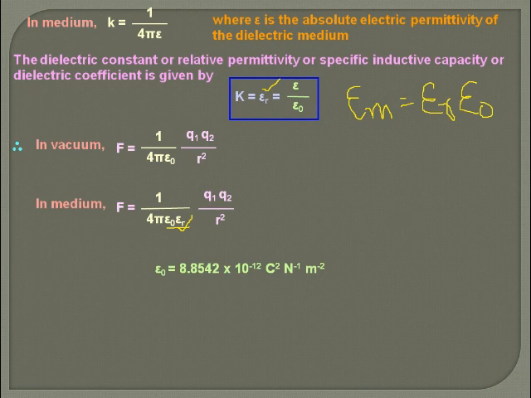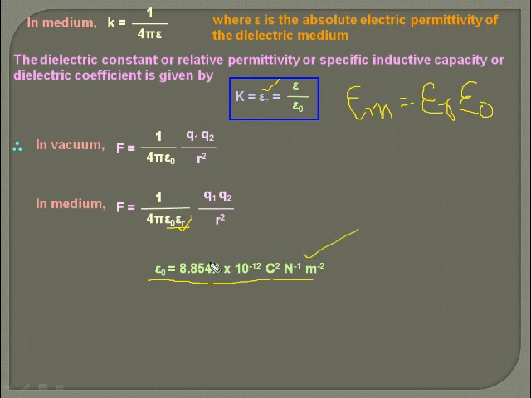Now, we have already discussed that the permittivity of free space is constant. So we have to know the value of permittivity of free space. You have to remember this: the permittivity of free space is 8.854 into 10 to the power minus 12 coulomb square Newton inverse meter minus 2.